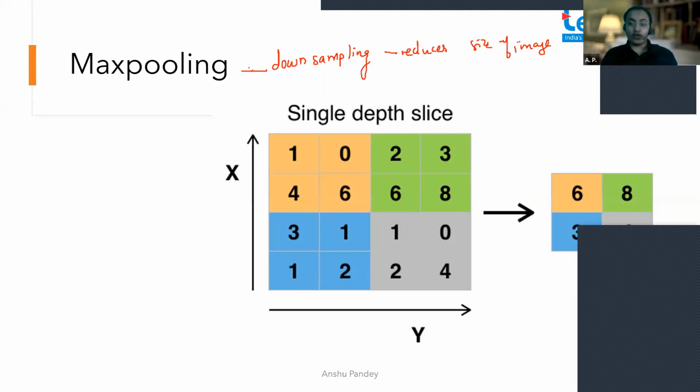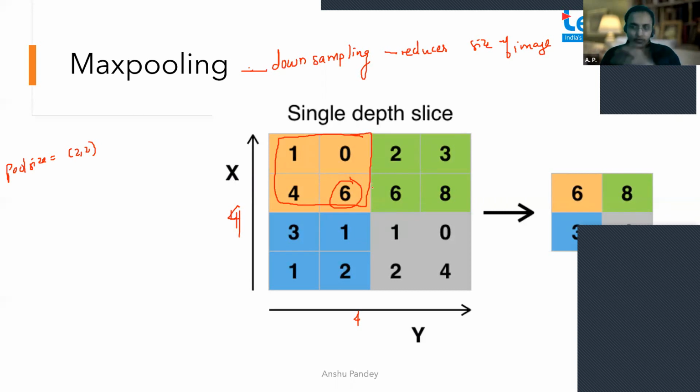What we do in max pooling or down sampling is, if I have an image of shape 4x4, we take a pool window. Let's say my pool size is 2x2. I take a pool window of 2x2, and from this 2x2 the maximum value is 6.